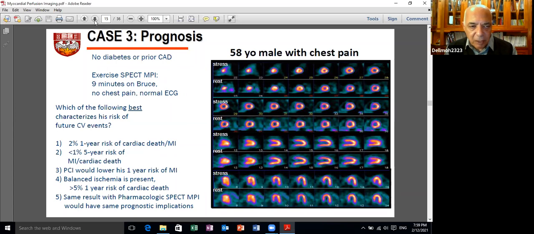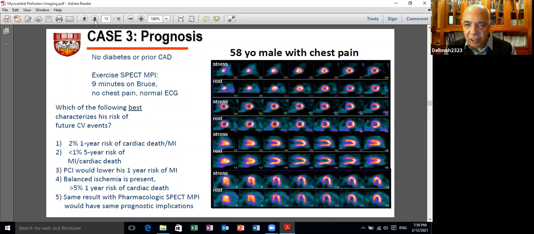1, 2% 1-year risk of cardiac mortality or myocardial infarction. 2, less than 1% annual risk over 5 years of myocardial infarction and cardiac death. 3, PCI would lower his 1-year risk of myocardial infarction. 4, balanced ischemia is present, which connotes more than 5% 1-year risk of cardiac death. 5, the same result with pharmacological SPECT MPI would have the same prognostic implications.